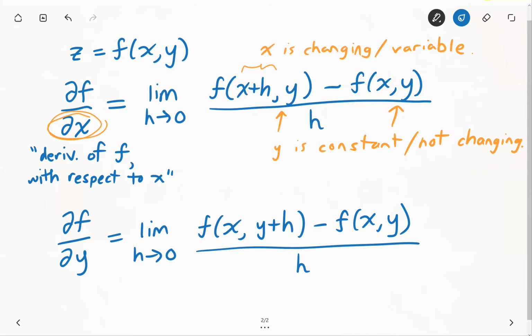So you can define different derivatives. And as we'll see in a future lesson, these give you slopes of tangent lines, where the tangent lines are parallel to either the x-axis or the y-axis. In fact, there's lots of tangent lines to a multivariable surface, but that is a topic for a different day.